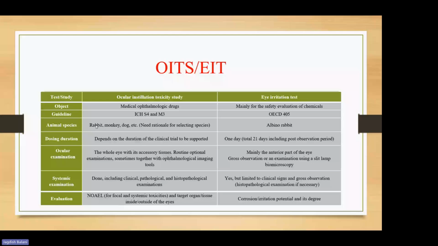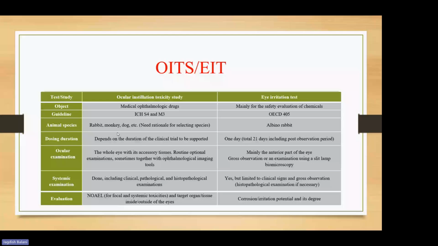The dosing duration depends on the duration of the clinical trial supporting the ocular examination of the whole eye. Like I said, if you are going to perform the irritation study, you can limit it to only the anterior chamber or cornea. While if you are going to perform the ocular examination for a full ophthalmological study, you have to go for physiological techniques and even ophthalmoscopy, slit lamp biomicroscopy, whatever tools are available.